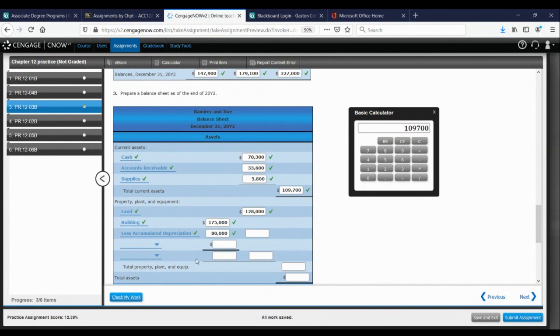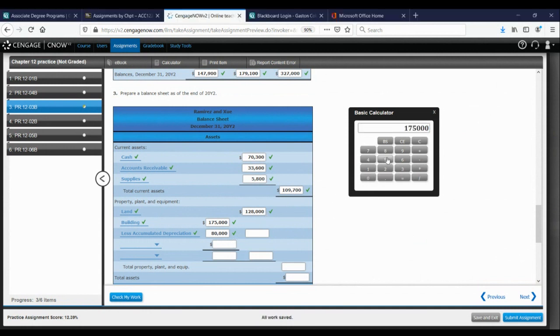The next step would be to determine the book value of the building. We do that by subtracting the accumulated depreciation from the cost of the building. $175,000 was the cost.